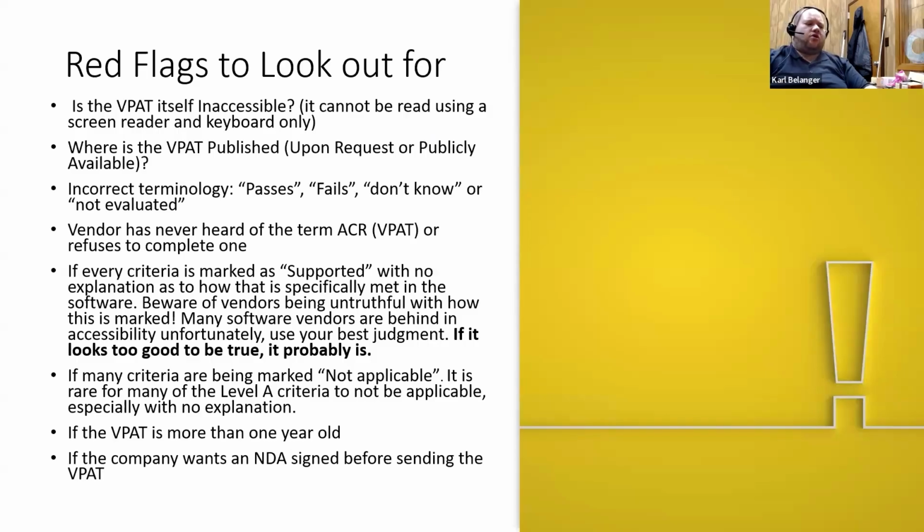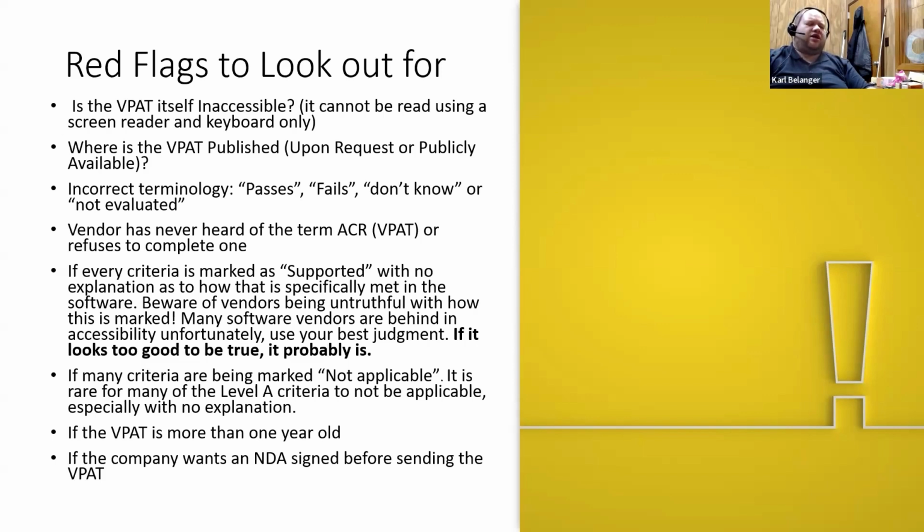Red flags to look out for when going through a VPAT. Is the VPAT itself inaccessible? If it can't be read with a screen reader and keyboard, if it's an untagged or even a scanned PDF, that's a big concern. Where is the VPAT published? Is it on the website readily available, or do you have to request it? If they use incorrect terminology, like passes and fails.